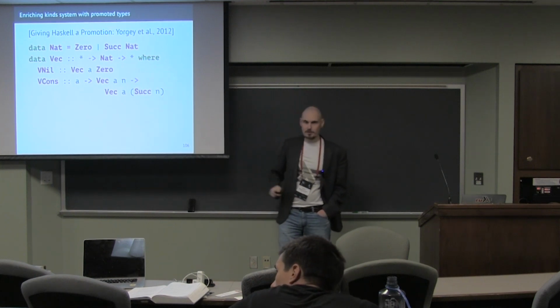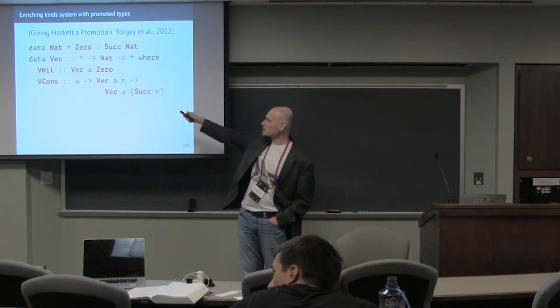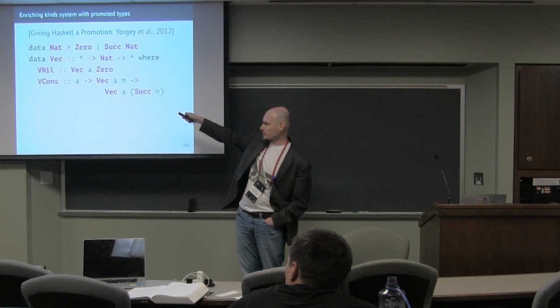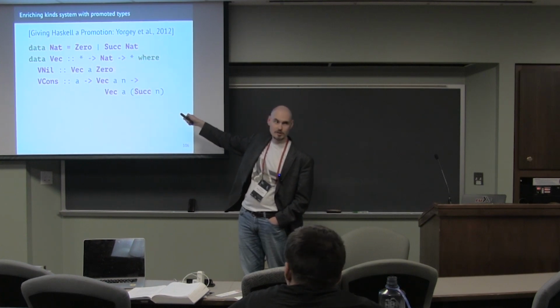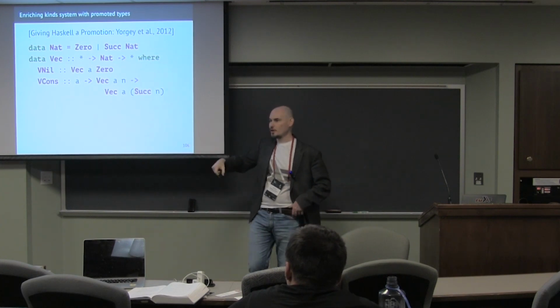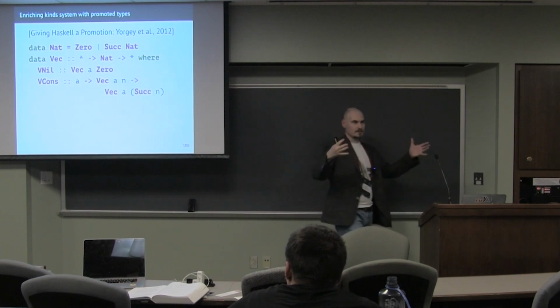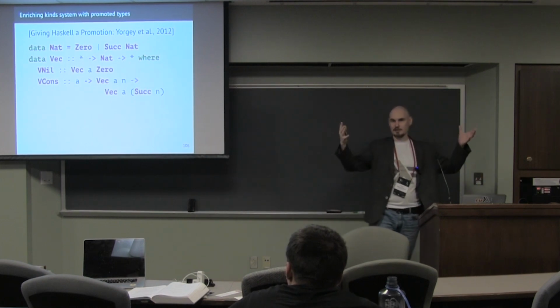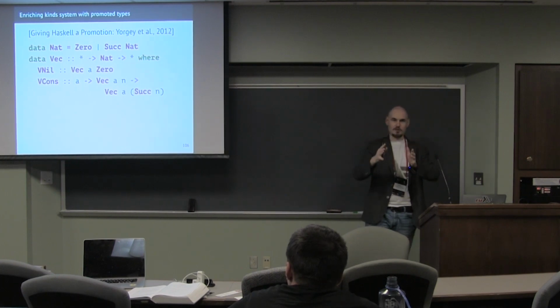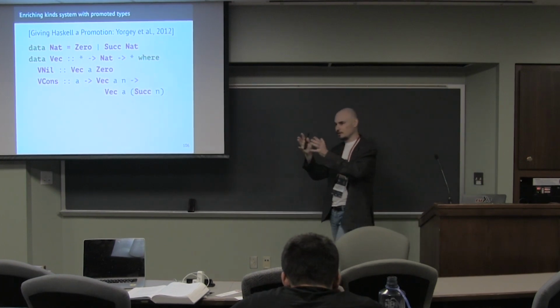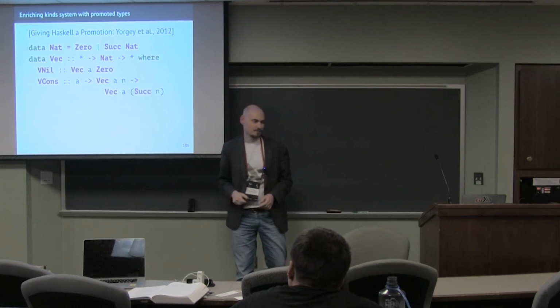And then we want to have an ability to specify that the second argument of this type level function vector should be natural. See, here natural is a type, but there natural is not a type. It's a kind. So we want to promote the data type into a kind. And then we say, well, we should use the natural type in this position instead of a kind.